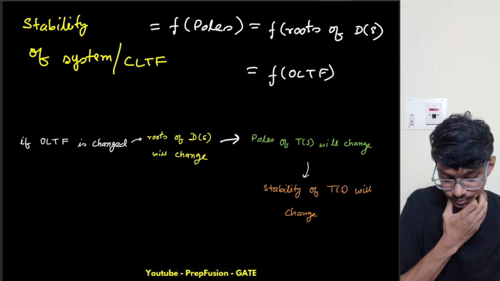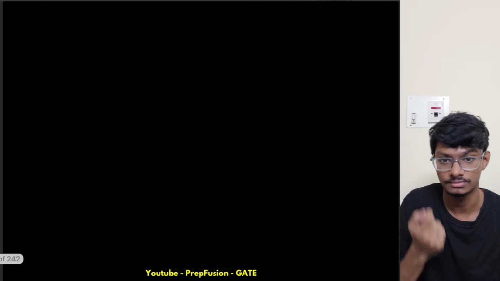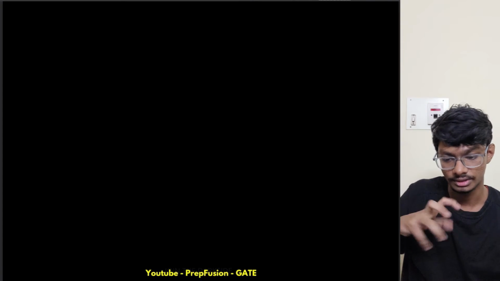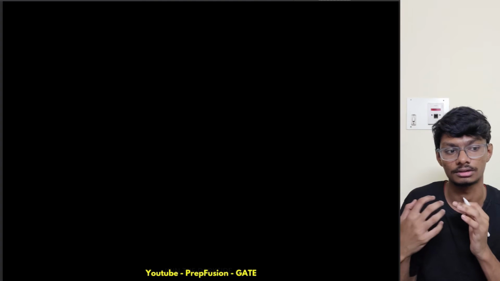Okay, so one more thing we need to keep in mind for a unity feedback system: for a unity feedback system, the value of H of s is 1. So then the closed loop transfer function and the open loop transfer function can be related in a better manner.